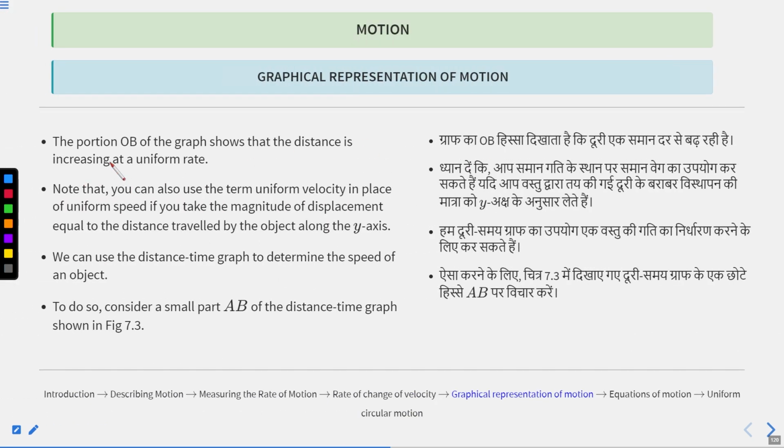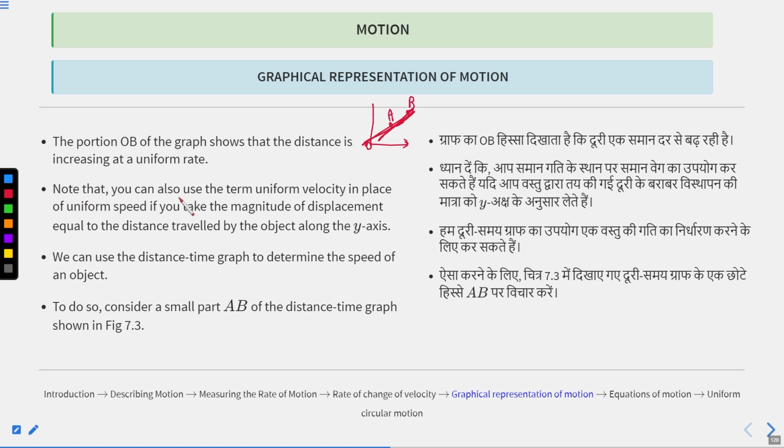The portion OB of the graph shows that the distance is increasing at a uniform rate. A uniform rate means equal distance is getting covered in equal intervals of time.